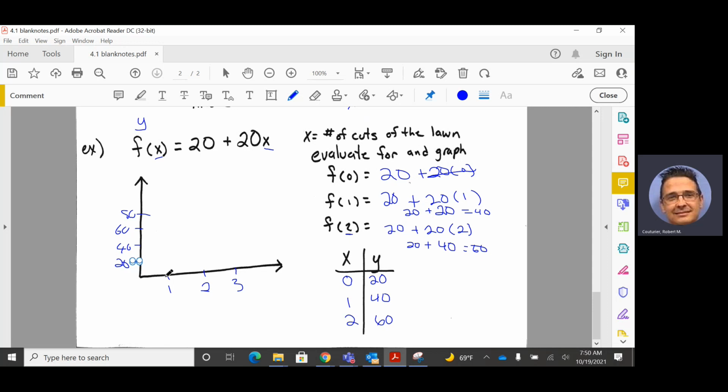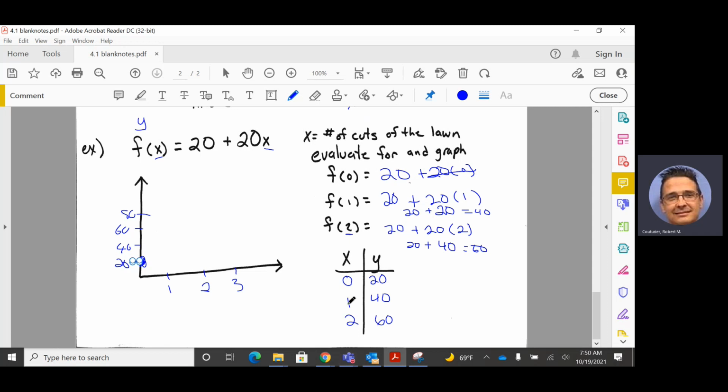Again, it's an ordered pair, so let's graph these so we see it. Here's our 20. So you have this lawn service, right? If they don't cut your grass at all, they're charging you $20 as a service fee, and then $20 for every cut. So if you don't have your lawn cut at all, they're still charging you $20.